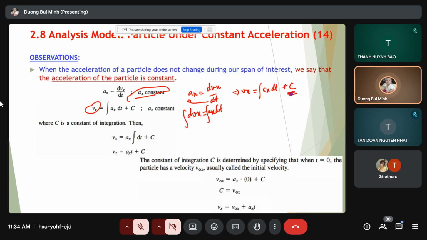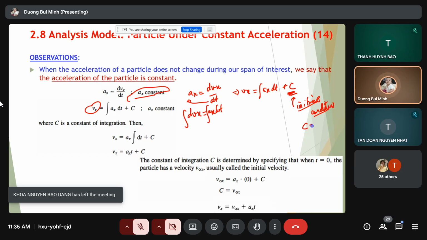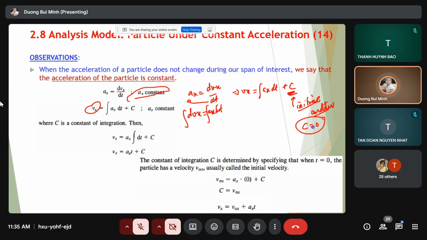We need to consider c. What's the meaning of c? C means the initial condition. If we come back to the high school theory, when we calculate any integral, we also consider the initial condition. Normally, for ease, when we calculate the integral, c is zero.